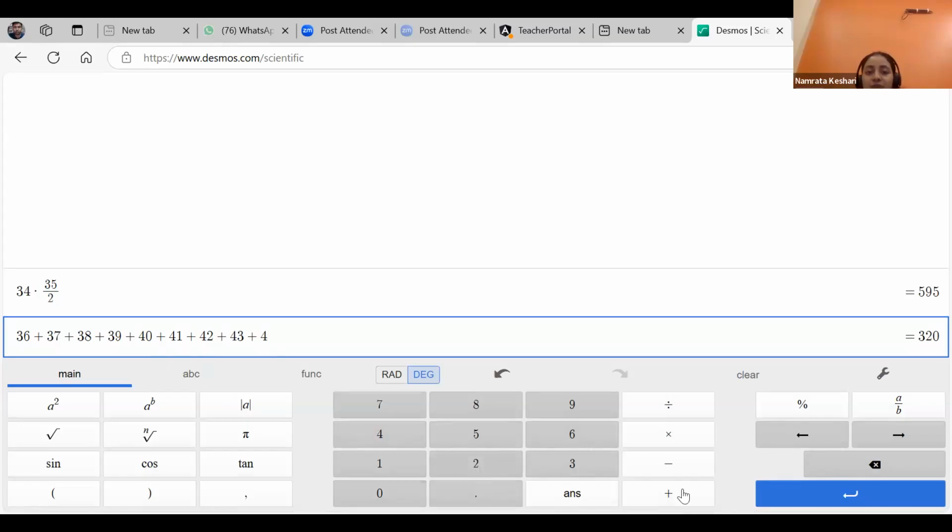Okay. 44 plus 45 plus 46 plus 47 plus 48 plus 49. Can you see, Zoha? Yes, I can see it.